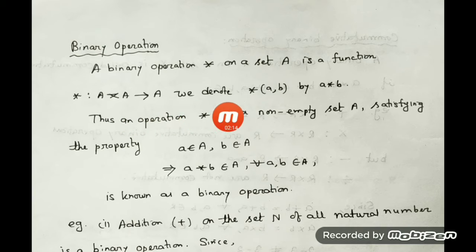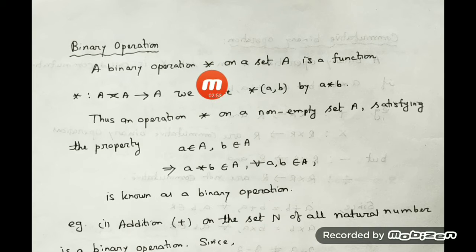That means in the case of binary operation, remember it is a function, and if you take the elements from one set and under that binary operation the result is also present in the same set, then that operation is called a binary operation. So let us see here. A binary operation, suppose we mark it as star, on a set A is a function star from A cross A to A. So star is just a notation we have used.